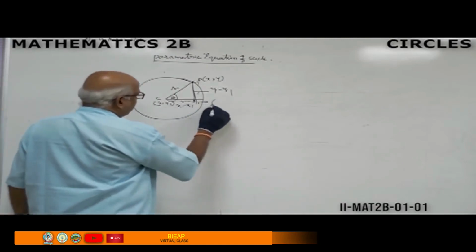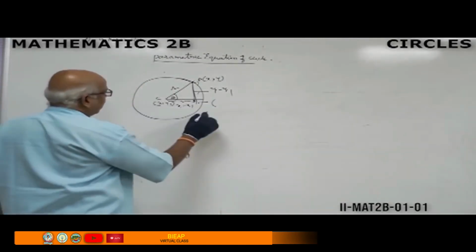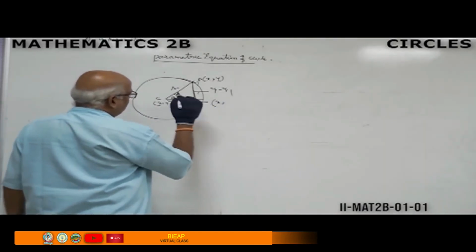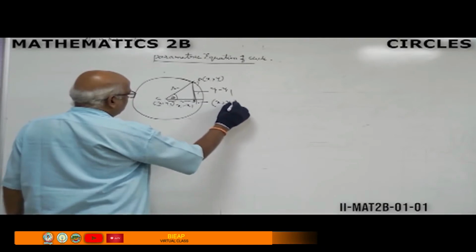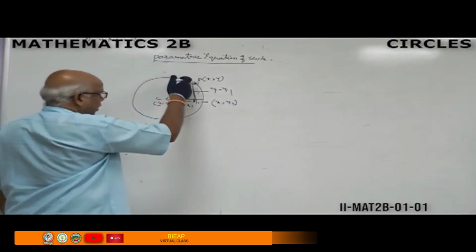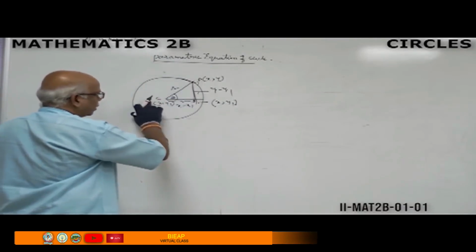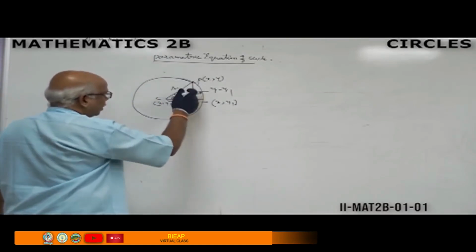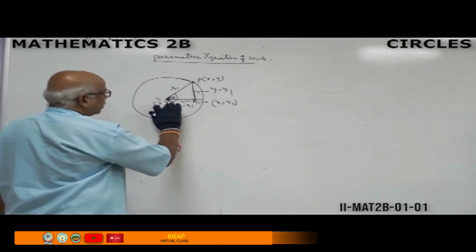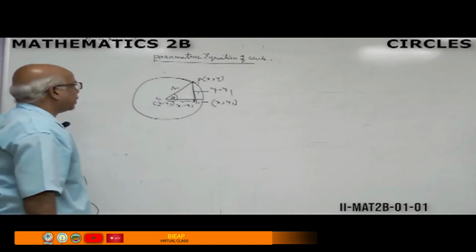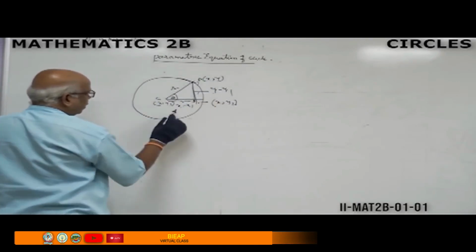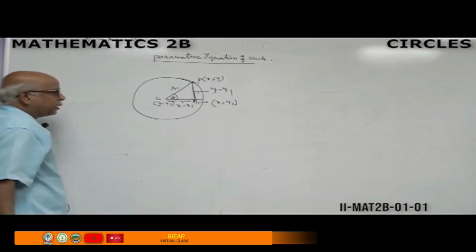Or in other words, M's coordinates can be taken as (x, y1), because on this line the x coordinate is x and the y coordinate is y1. So y minus y1 is this length here, and x minus x1 is this length.